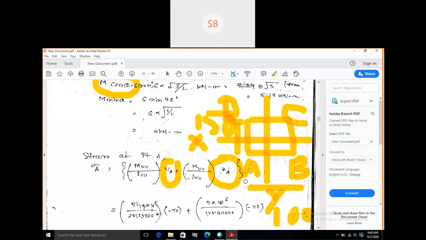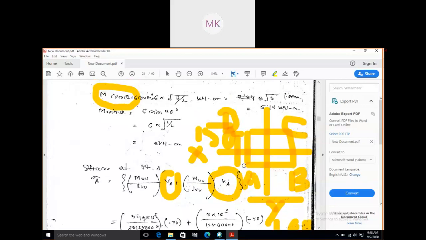Can anyone tell me the coordinate of this point A? Very simple. If you consider the center O along the x and y axes, at which distance are A, B, C, D?